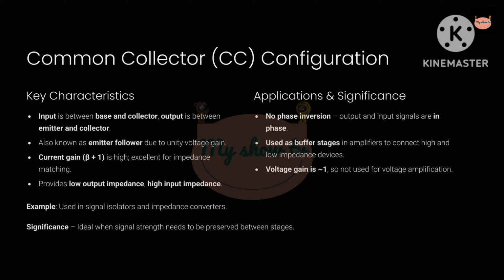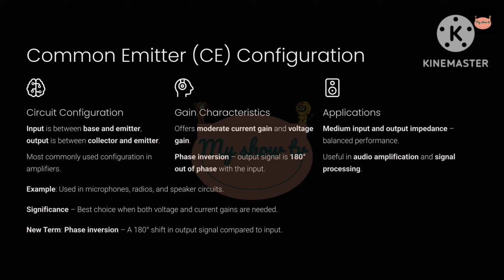It has high input impedance and low output impedance, making it ideal for connecting two stages of an amplifier circuit. Another benefit is that there is no phase shift between input and output. Example, you'll find CC configurations used in buffer stages and in devices that need to interface with other circuits without signal distortion.